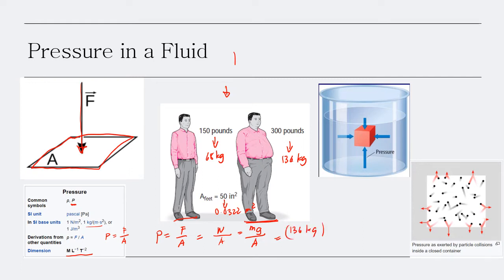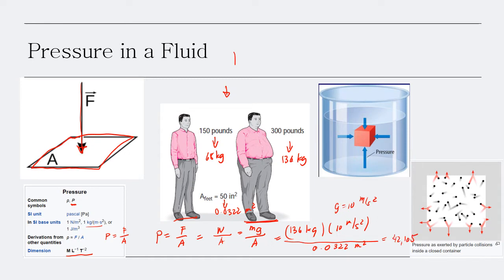Now, calculating the pressure of the 300-pound man: 136 kilograms. Gravity is 9.8, but for a simpler calculation we'll just use g equal to 10 meters per second squared, over the area of 0.022 square meter. The answer is approximately 42,105.